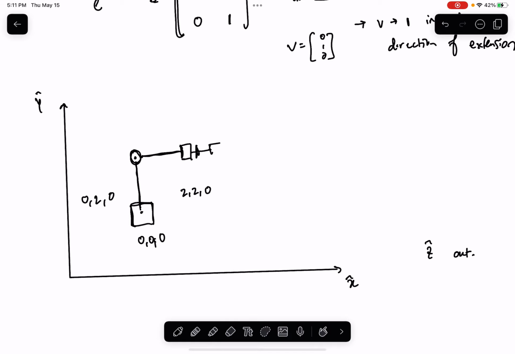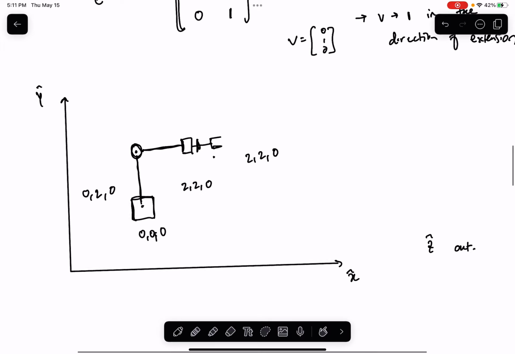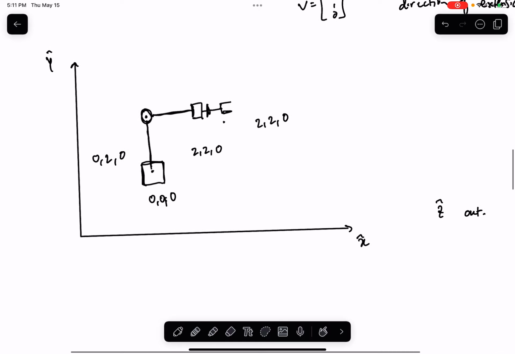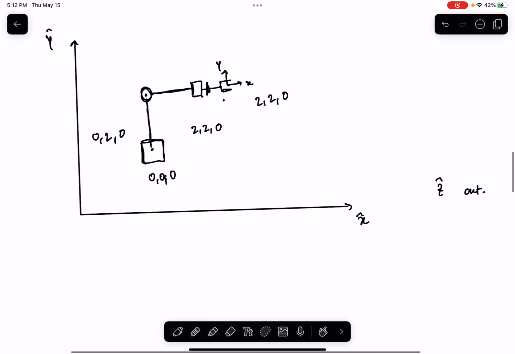And then finally our end effector located at 2, 2, 0 as well. And let the end effector's frame for this example also just be the same.